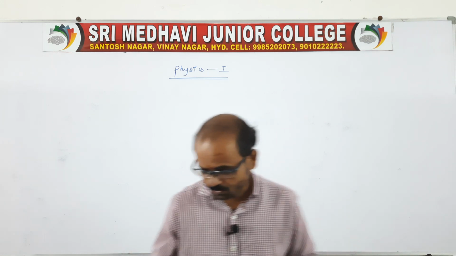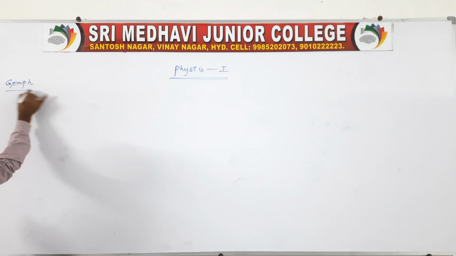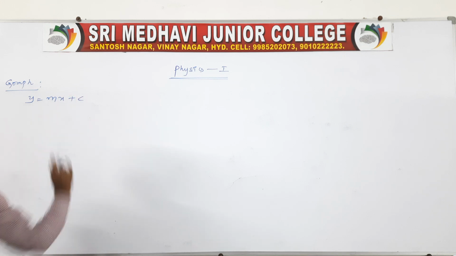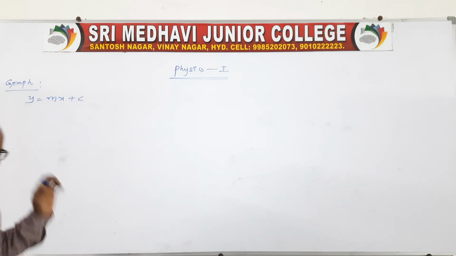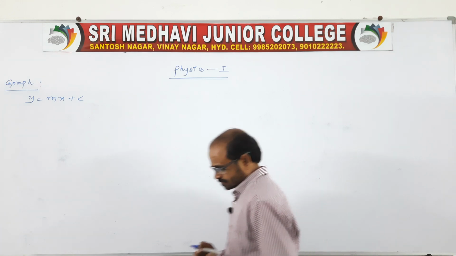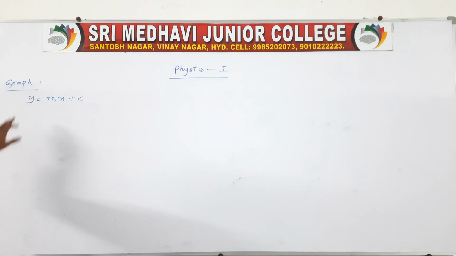Let us look at other graphs also. There is a mathematical expression y = mx + c. Now we have to draw the graph for this y = mx + c. Actually we know y = mx.